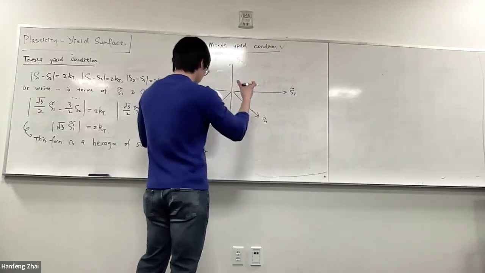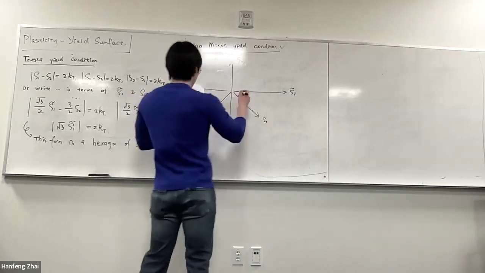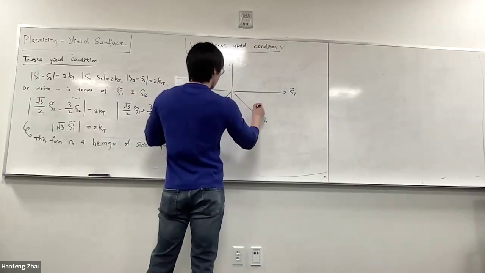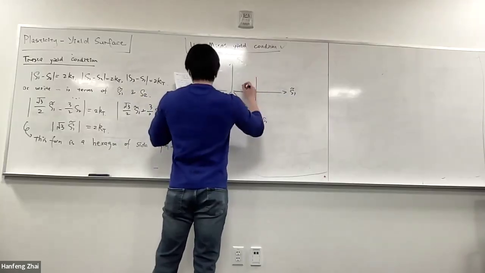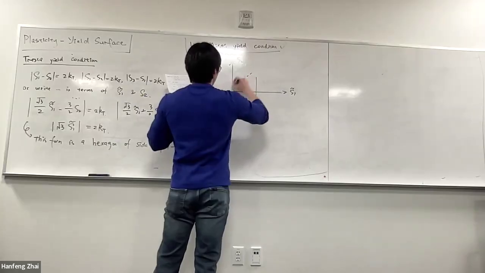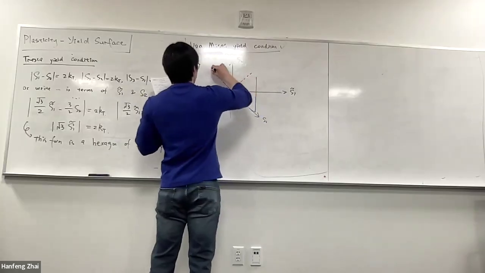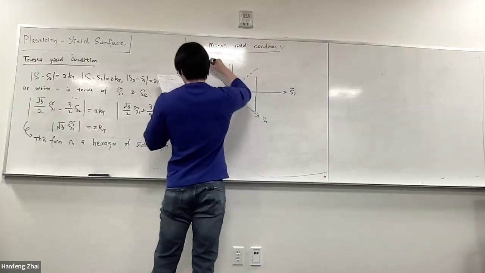So what does the Tresca yield surface look like? It looks like this, and then I can project it, elongate in the opposite direction.